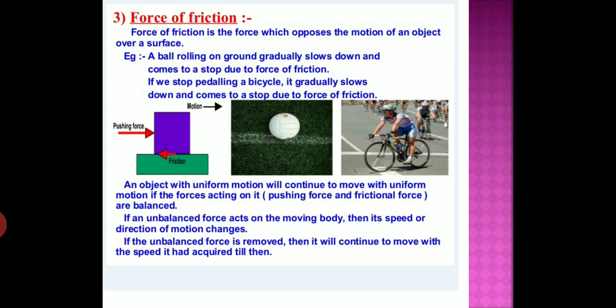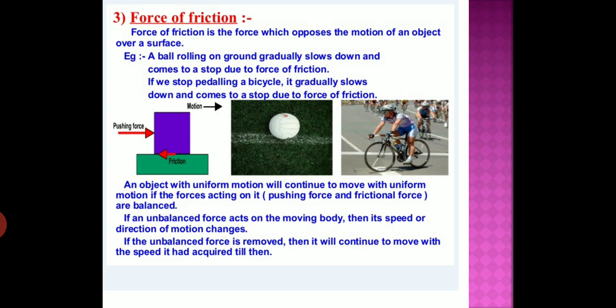If an unbalanced force acts on the moving body, then its speed or direction changes. Students, consider a box on a rough floor. If we push the box with a small force, what will happen?